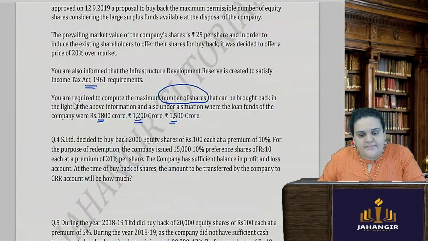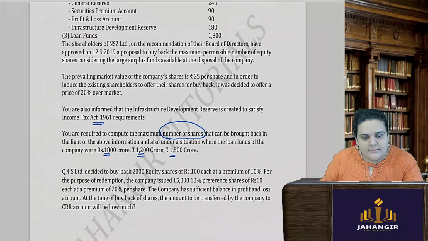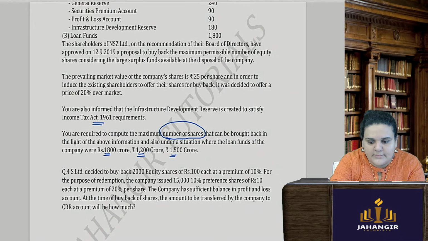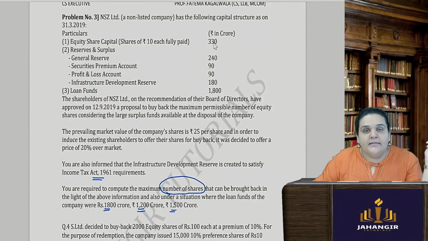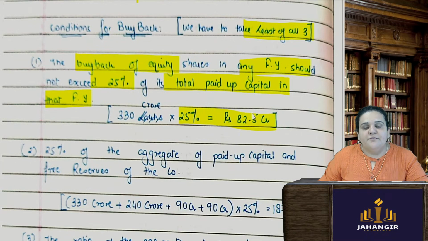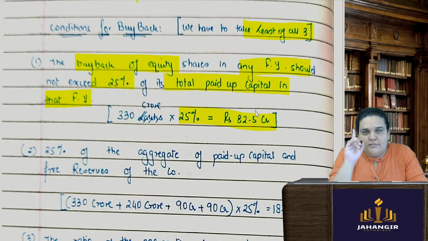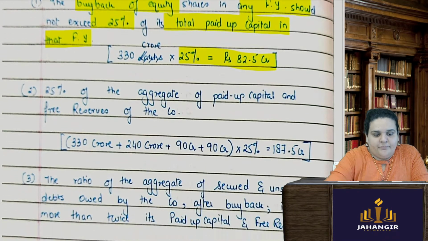So 25% of the total paid up capital. Total paid up capital is 330 into 25%, that will give you rupees 82.5 crore. That was the first condition.